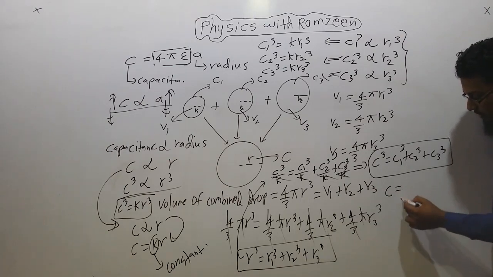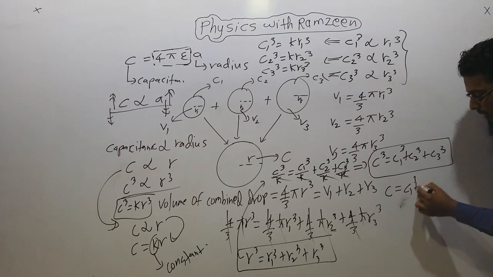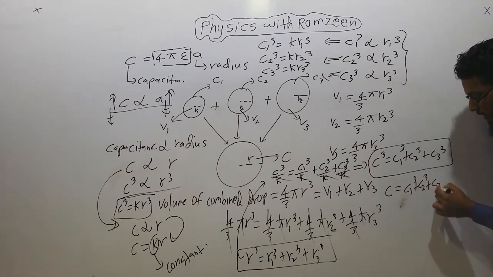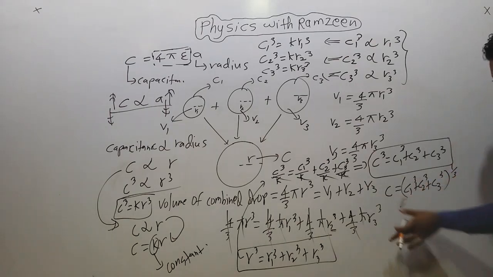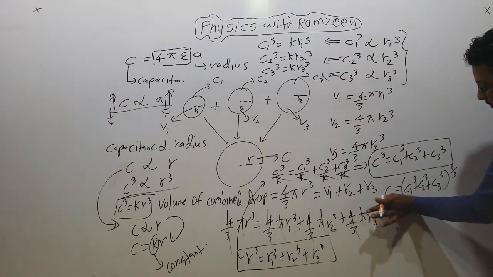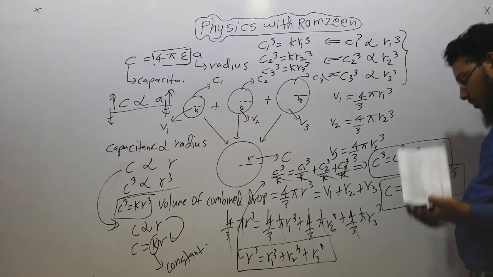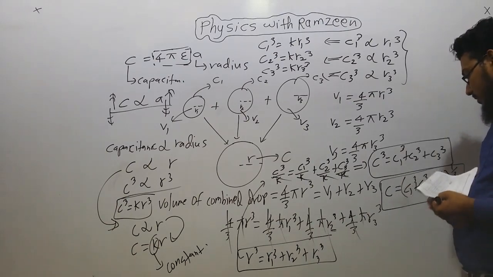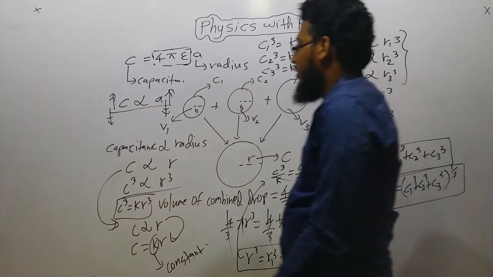The capacitance equals C1 cube plus C2 cube plus C3 cube, to the power 1 over 3, right? This is the value of the combined drop capacitance, right?